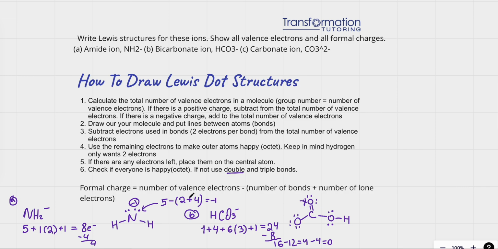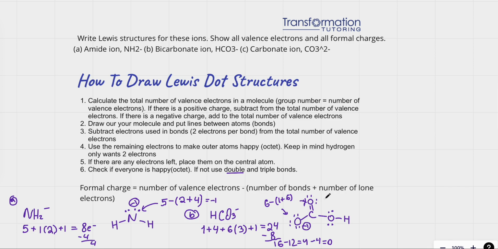Next, let's go ahead and check for the formal charge on each atom. So this oxygen here, again, formal charge is number of valence electrons. Oxygen is group 6, so it has 6 valence electrons, minus how many bonds does it have? 1, plus 1, 2, 3, 4, 5, 6. 6 minus 7 is -1, so this oxygen has a -1 charge.